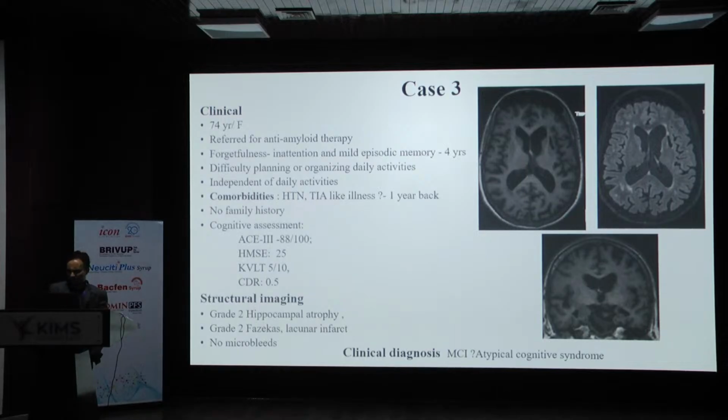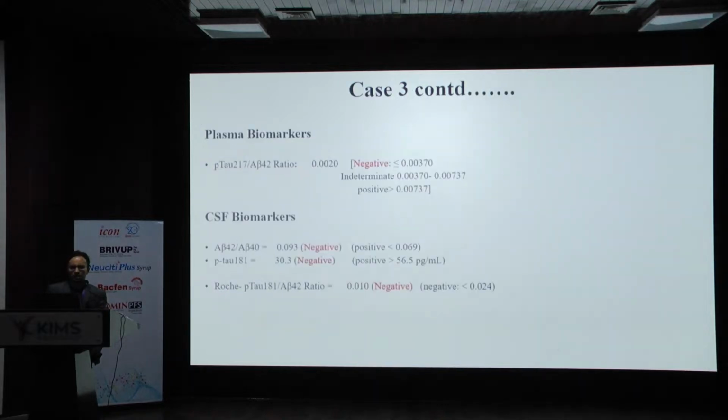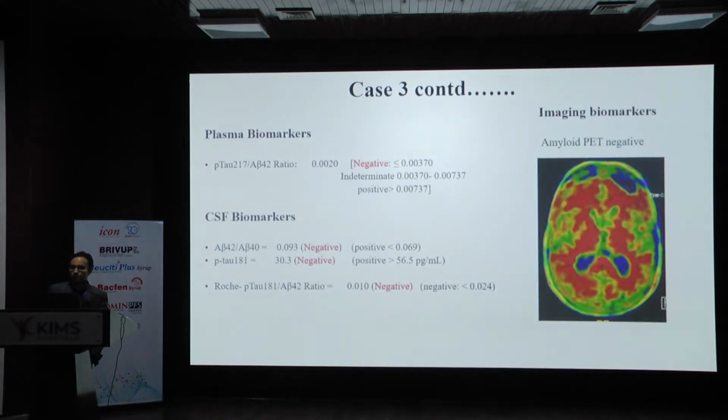And again, if you see her scan, structural imaging showed some grade 2 hippocampal atrophy, some atrophy in the brain as well, and she had some grade 2 Fazekas as well. And her plasma biomarkers were negative, and CSF biomarkers were also negative. Both were negative, and her amyloid PET also turned out to be negative, right?